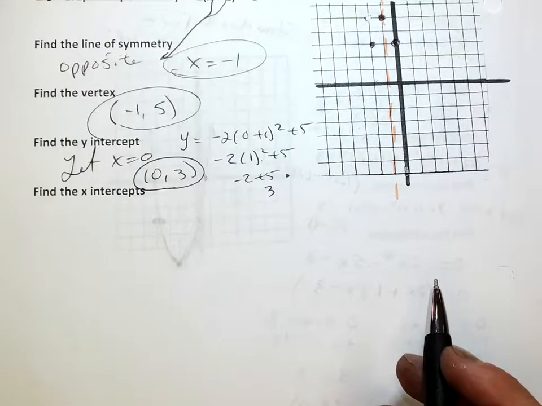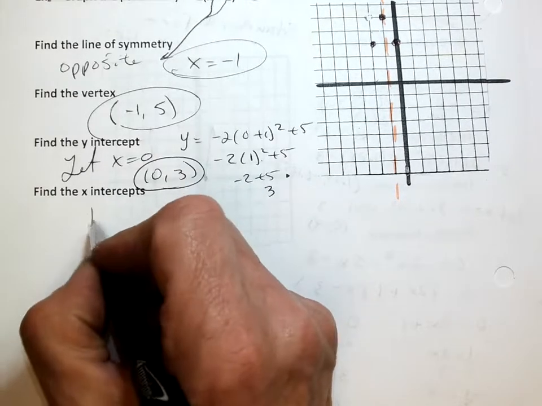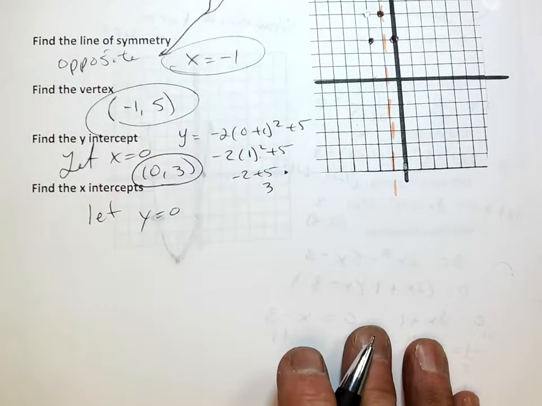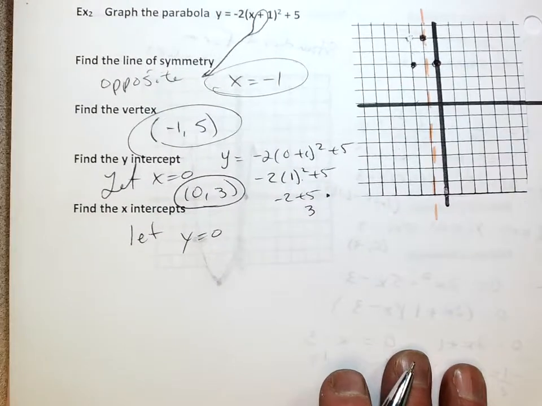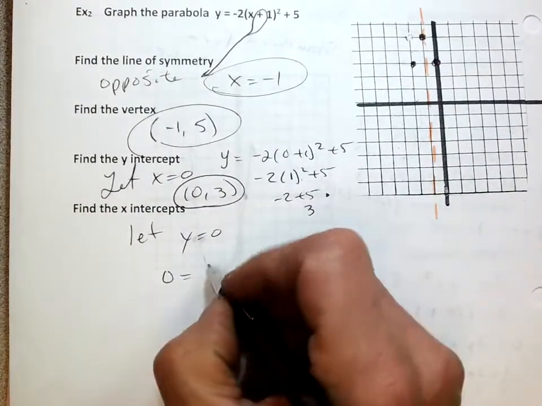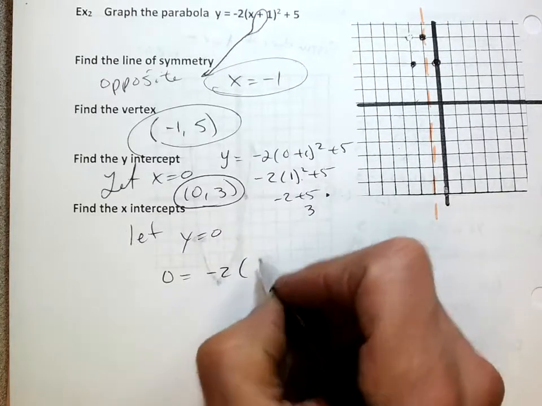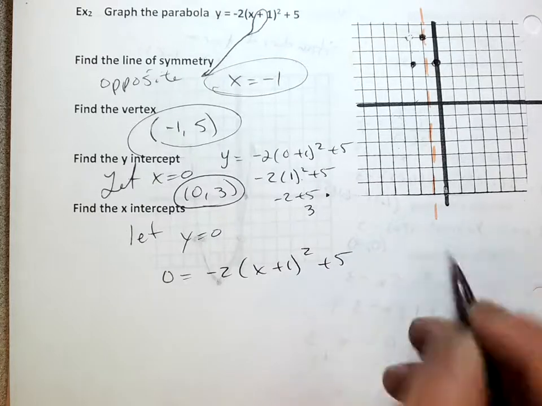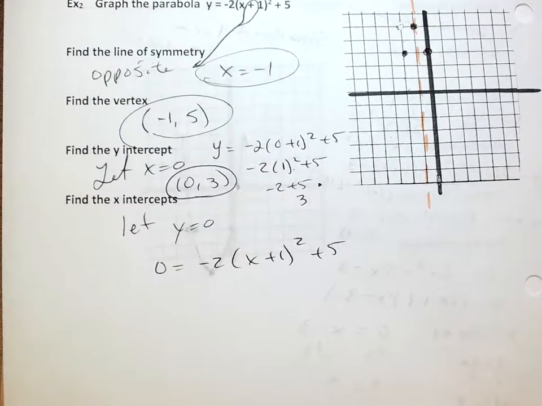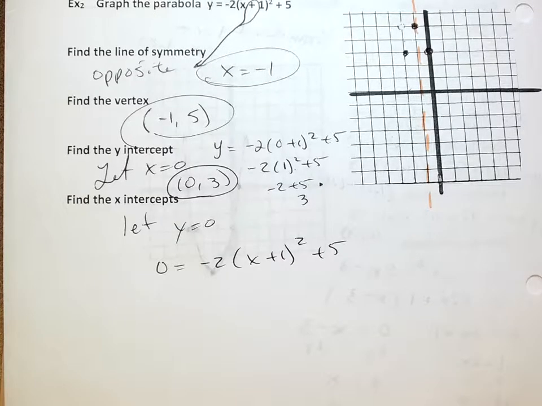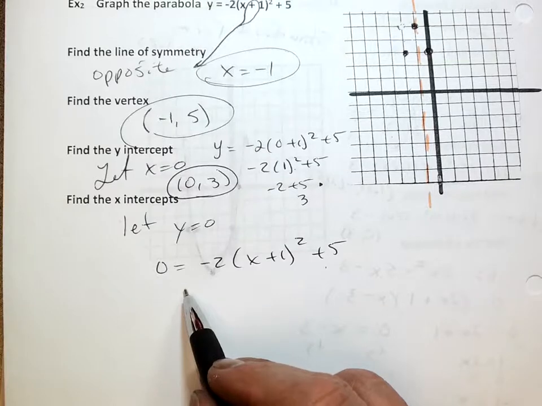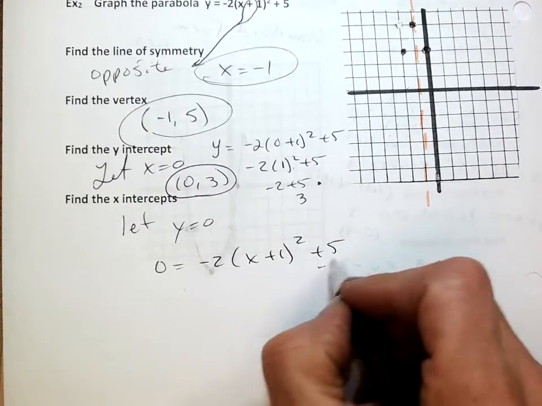X-intercepts. Okay, to get the x-intercepts, we let y equal 0. So I'm going to take my parabola and we'll go, okay, 0 equals negative 2 times x plus 1 squared plus 5. Now if I need good answers, I'm actually going to have to solve this. So to solve this, minus 5, minus 5.